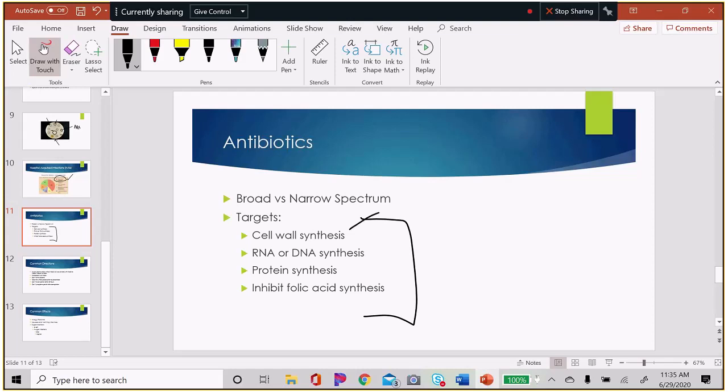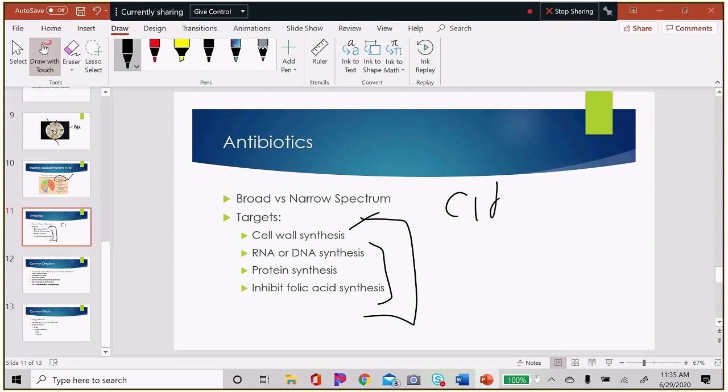It could be that we disrupt cell wall synthesis, meaning usually that the cell wall is cut, killing the bacteria, or we could change the way the cell works by inhibiting production of protein and by doing things that make it harder to create DNA to replicate.